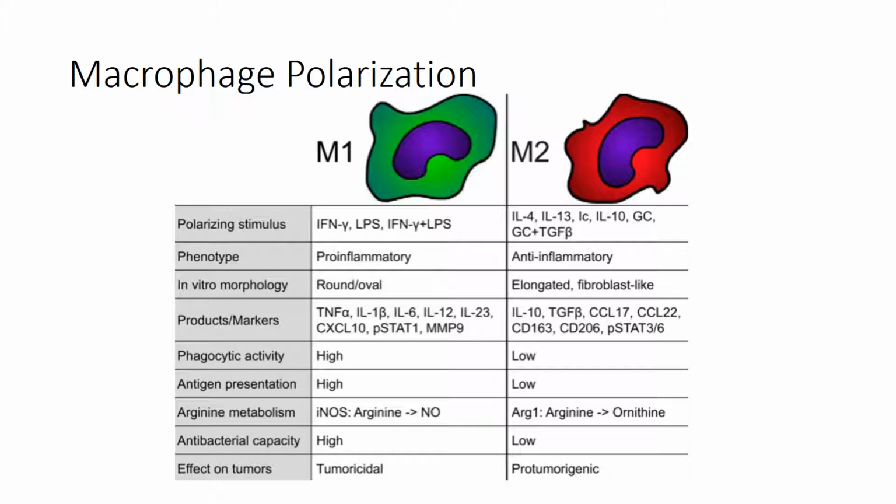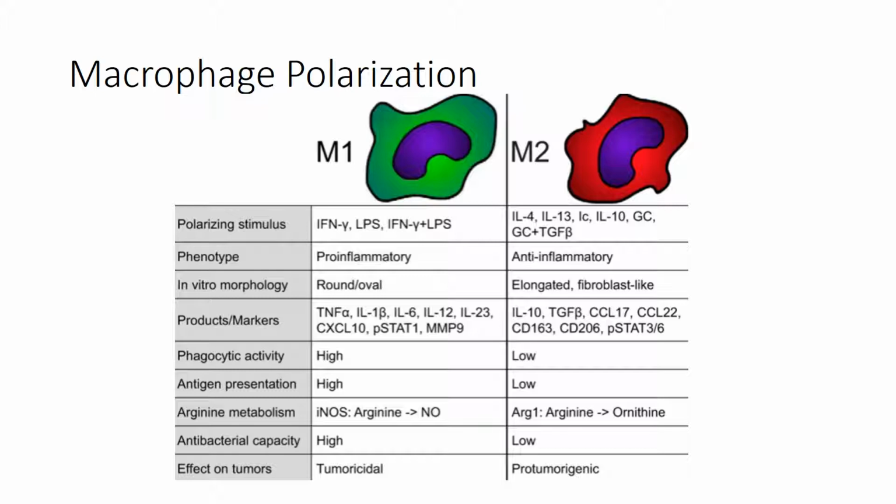You want to resolve that inflammation, and you do so by activating what's called the M2 macrophage. This polarizing stimulus is from IL-4, IL-13, and so on. This one has very low phagocytic activity, and it basically resolves and remodels the cell and shuts off the pro-inflammatory response.